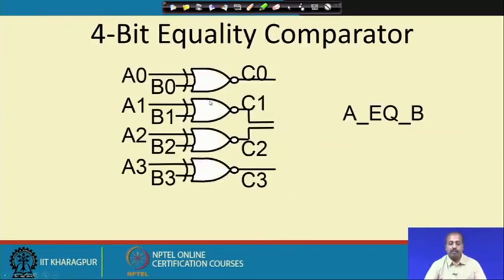I can take a very simple circuit consisting of 4 XNOR gates. A0 and B0 are fed to the first XNOR, A1, B1 to the next XNOR, like that. Then the outputs C0, C1, C2, C3 are to be ANDed to get A equal to B. So, that can be a 4 bit equality comparator.